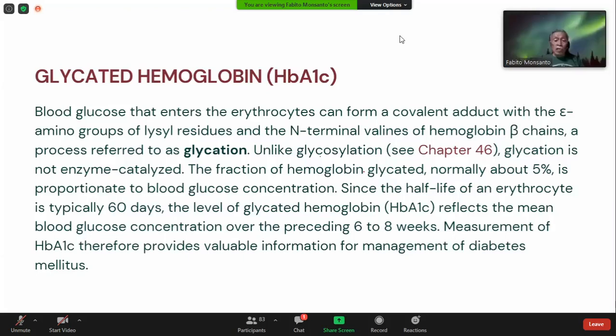So this is an early sign that you'll be having diabetes mellitus.